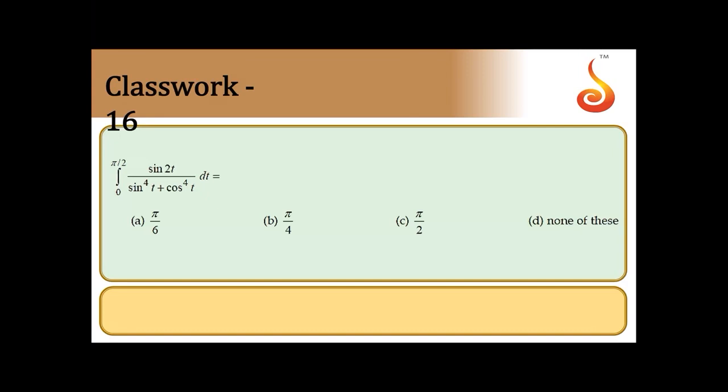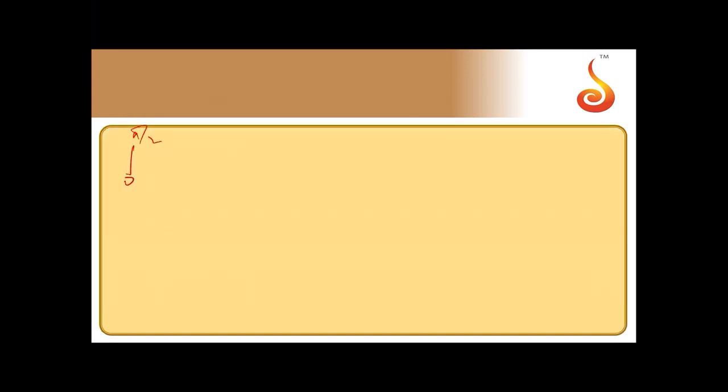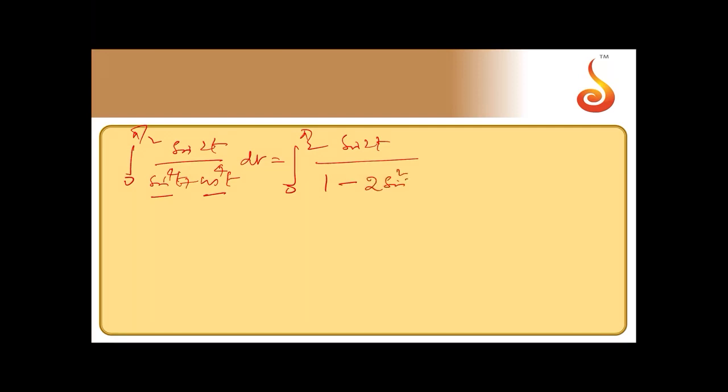So integral 0 to pi by 2 of sine 2t divided by sine power 4t plus cos power 4t dt. That can be written as integral 0 to pi by 2 of sine 2t divided by sine square t whole square plus cos square t whole square, which is 1 minus 2 sine square t cos square t dt.